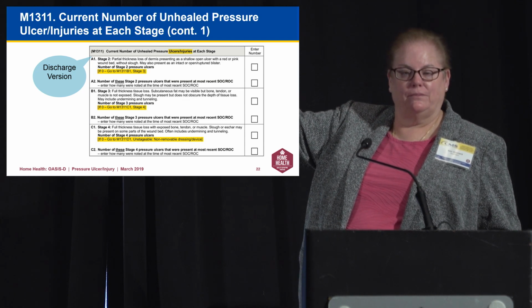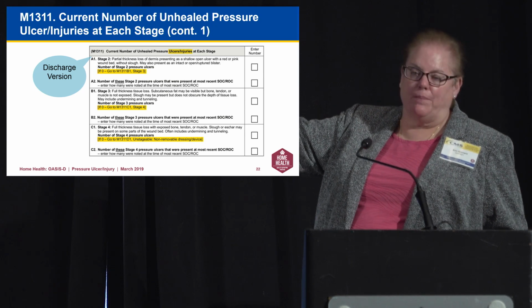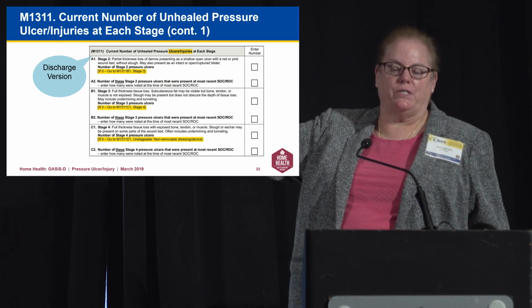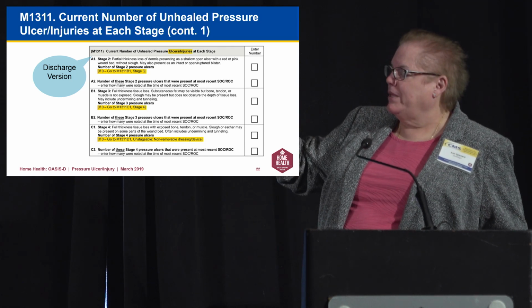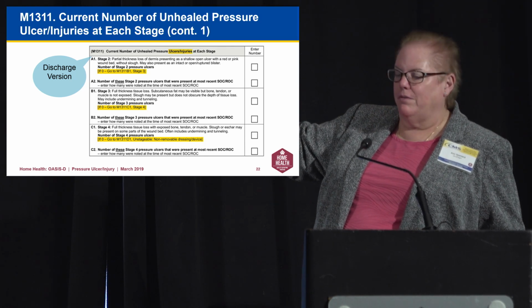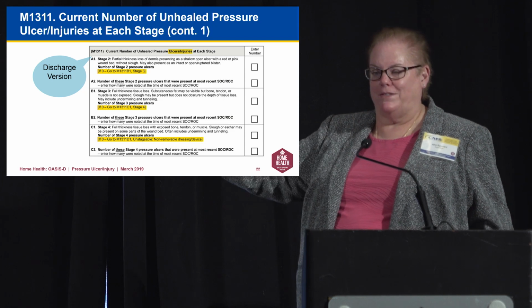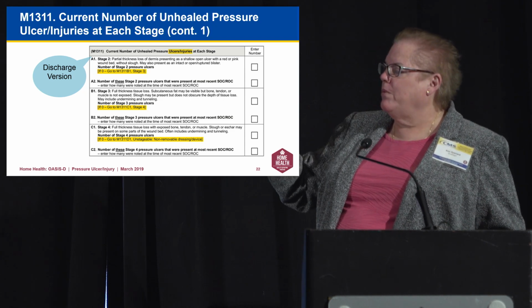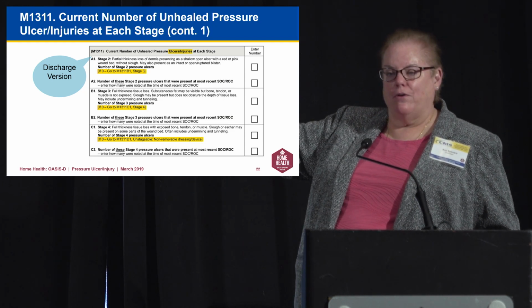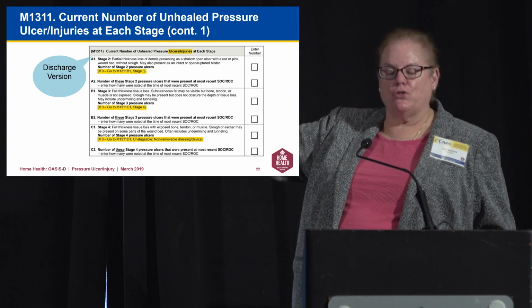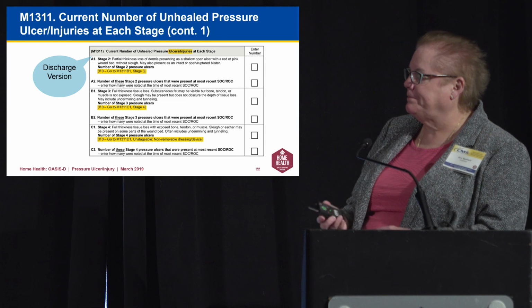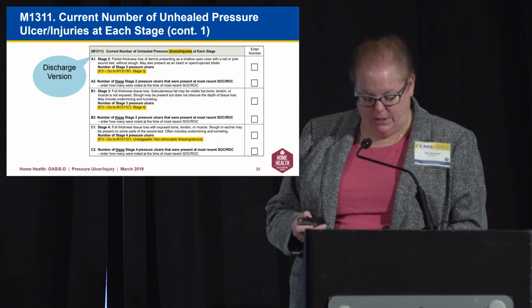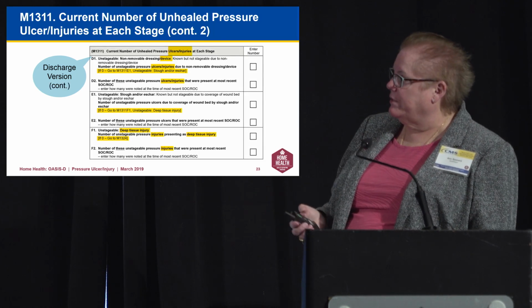What would you say? 0, right? Actually, it's a skip. And if you have a computer program, it will just skip out because the technology has that. So if you have 0, then you can't have any of those present upon admission, right? So it will always be a skip kind of pattern for that second question if the first question is at discharge, you don't have any of those. All right? Okay. And we're going to go through some of the other examples.